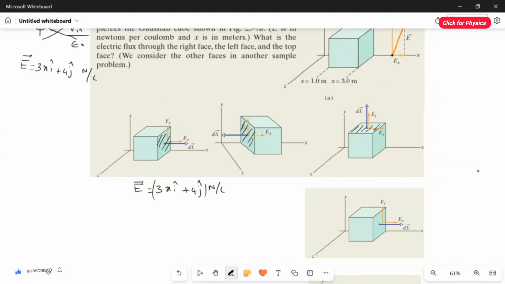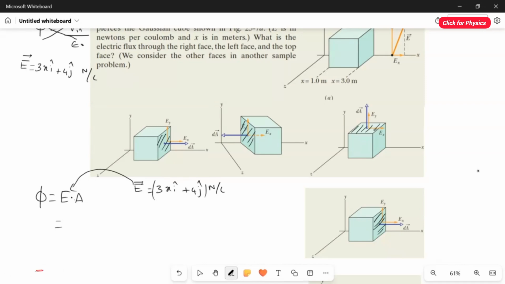Now I am going to consider only the right face of the Gaussian cube. So for that I have to use the rule phi equal to electric field multiplied by area. So here the electric field equation I can directly substitute.